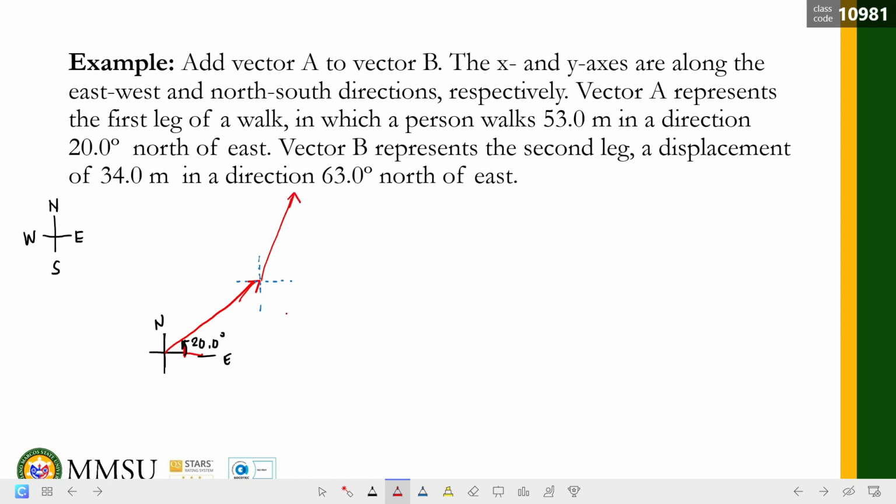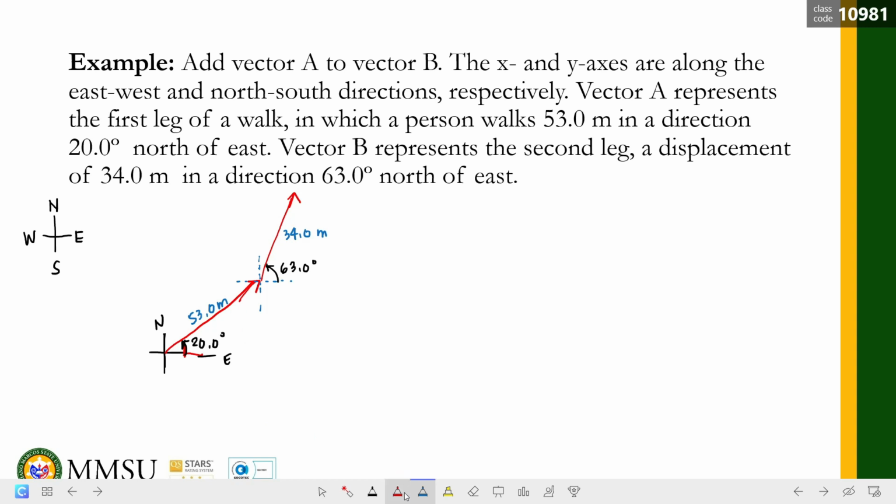Ganyan, so ang 63 degrees, eto na siya. This is 63.0 degrees. Okay, we know, this one is 53.0 meters. And this one is 34.0 meters. And so, nandiyan na yung dalawang vectors natin.